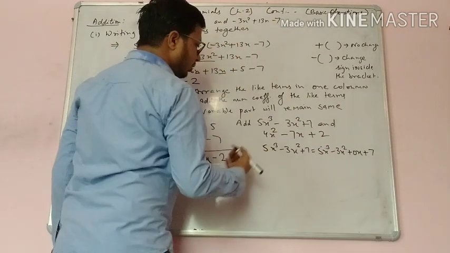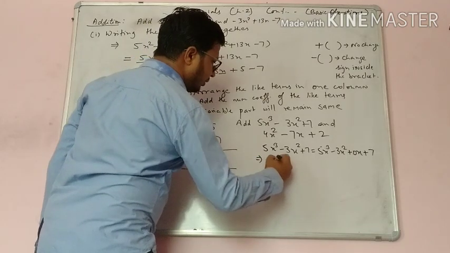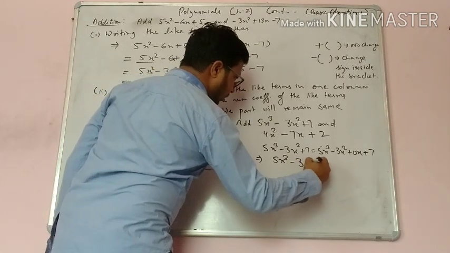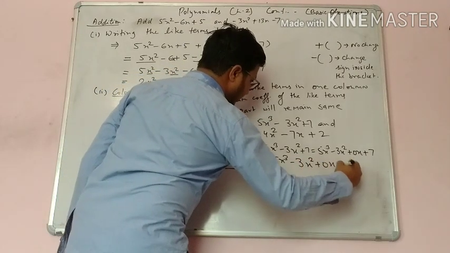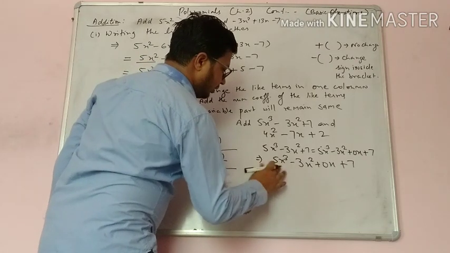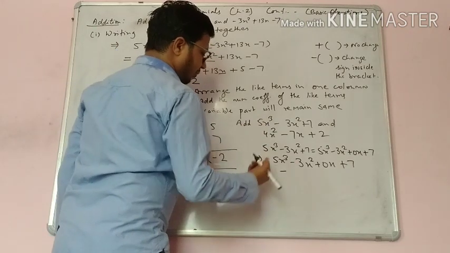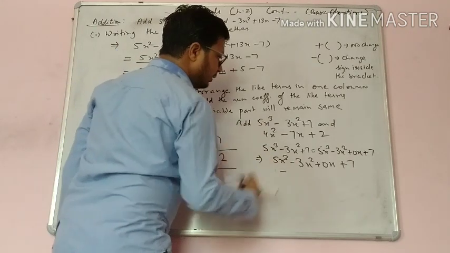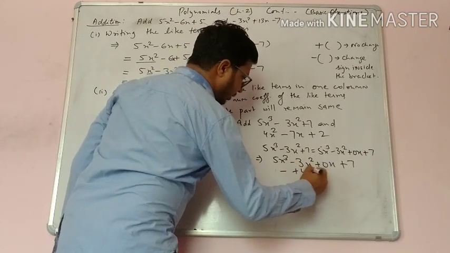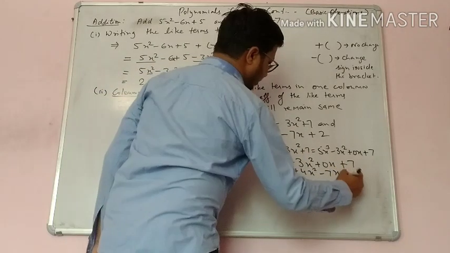Now here it is the same in the sequence. So now we can add 5x cube minus 3x square plus 0x plus 7 plus, here nothing is given, so you can leave it blank. If you want to write here also, you can write 0x cube. If you don't want to write, you can leave it. Plus 4x square minus 7x plus 2.